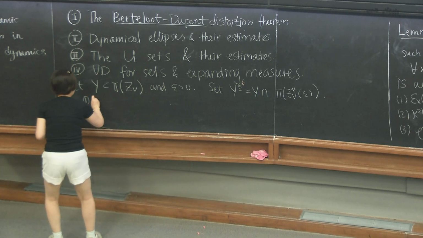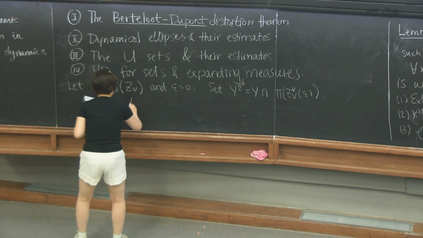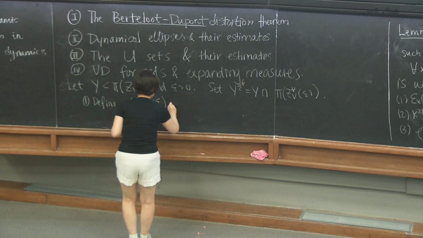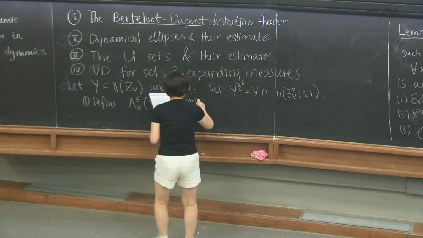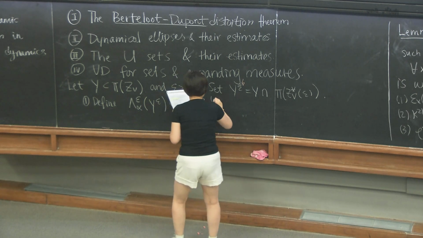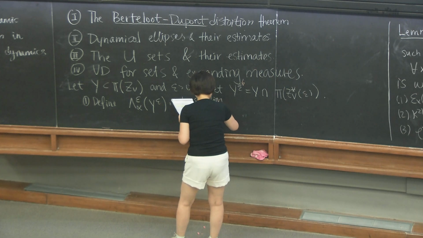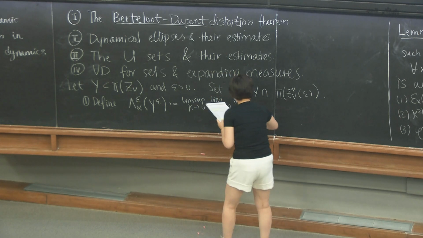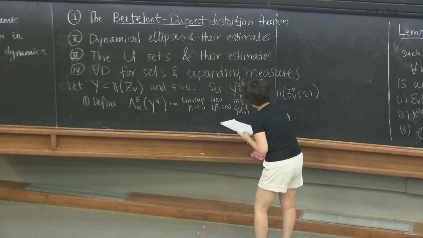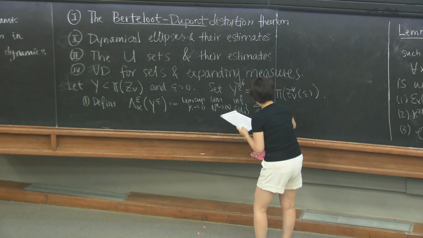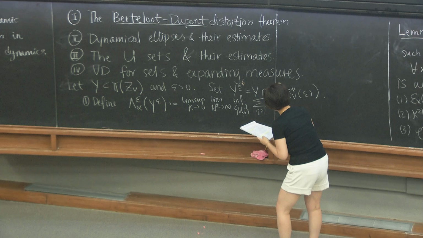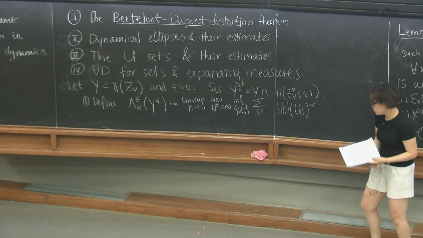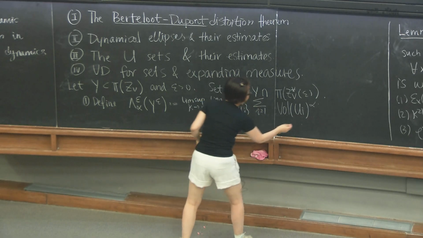Okay, so first we define a quantity, lambda alpha epsilon Y epsilon. So this is defined as lim sup as kappa goes to 0, limit n star goes to infinity of inf over covers, and sum over i in the cover. Okay, so now, as I said, we want to take the volume of U i to the power of alpha. So the difference is here we take volume.